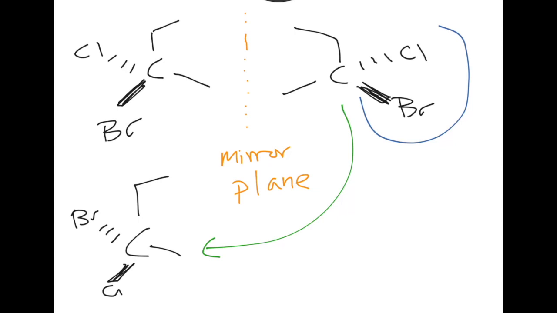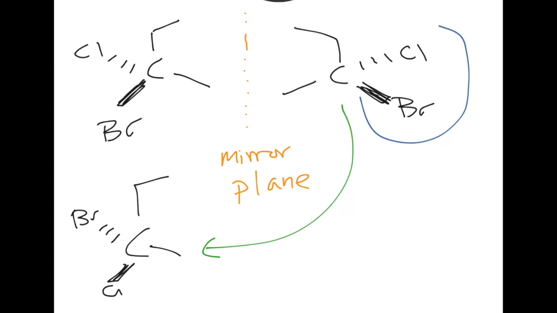Even though that bromine is on a wedge pointing to the left in one of them and pointing to the right on the other one, that bromine is just straight forward. They just look left and right because that's how we draw and write. That makes sense? So when you see something on a wedge, it's straight forward. It's pointing straight out at you. It doesn't have a left or a right to it.